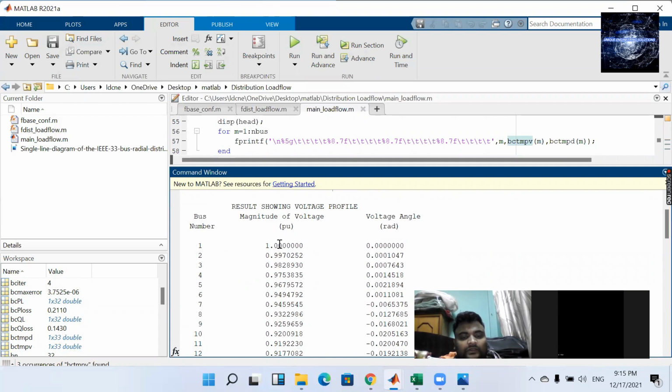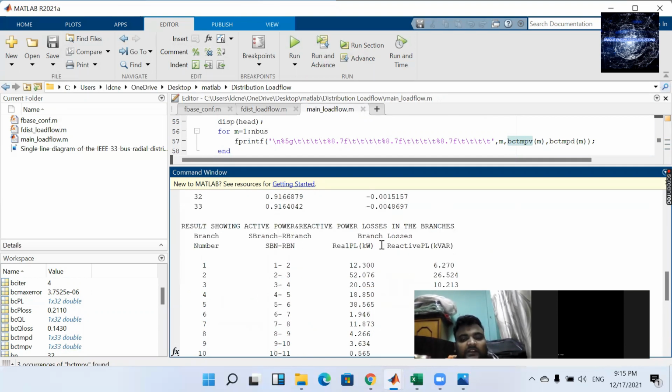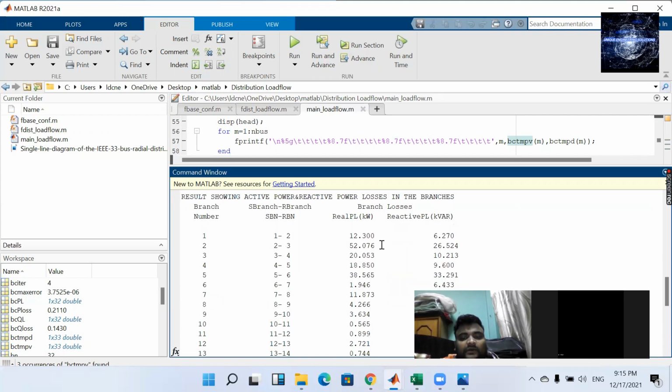Here are the load flow results. That is the bus number, voltage magnitude, and corresponding angle in radians. This is the active power flow and reactive power flow of the branches. This is the sending and receiving node of the branch: sending-end branch number, receiving-end branch number, and this is the real and reactive power flow.